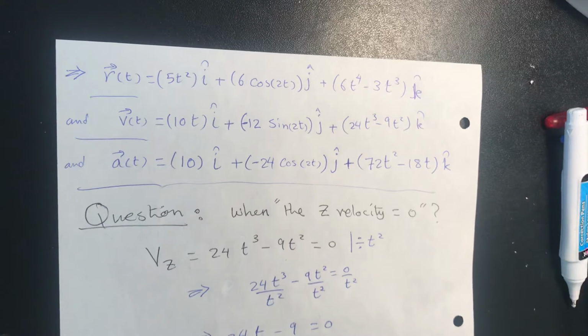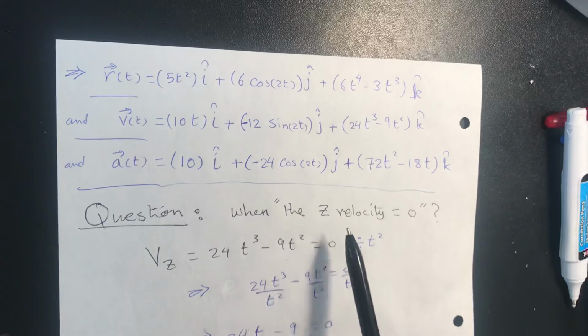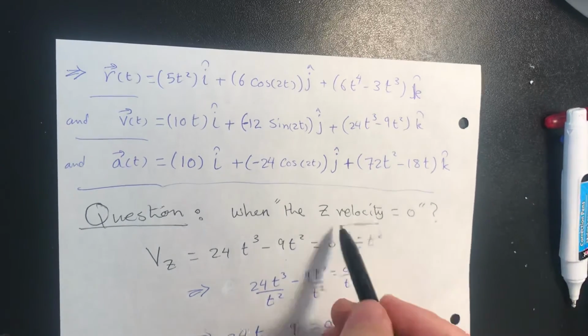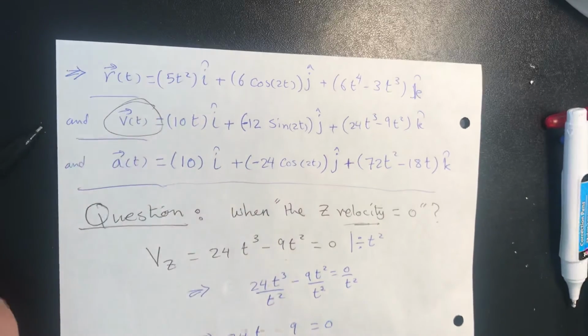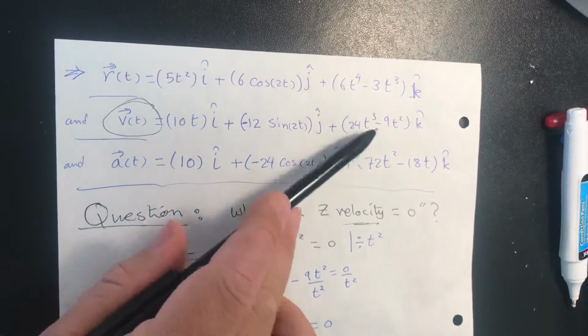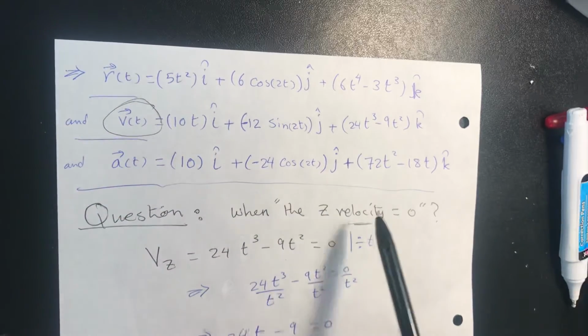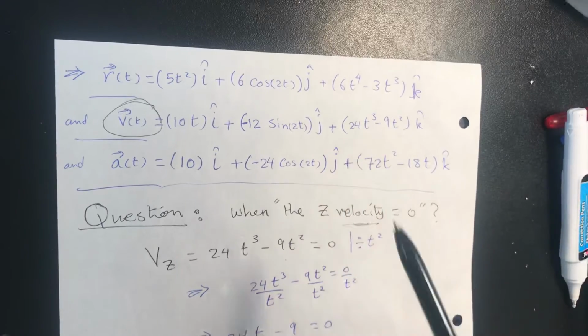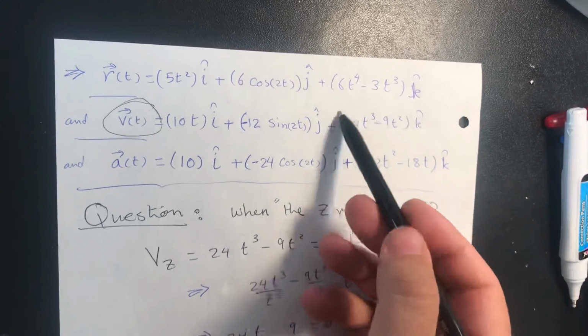If I ask you now when the z velocity is equal to 0, I'm asking about the velocity, so I will use the velocity vector, the z component. I need to know when the z component is equal to 0.